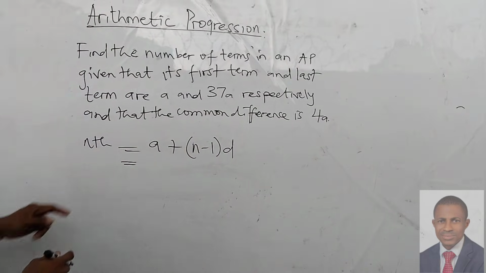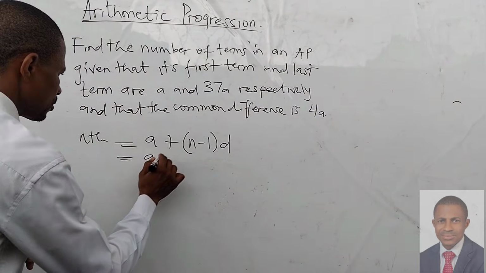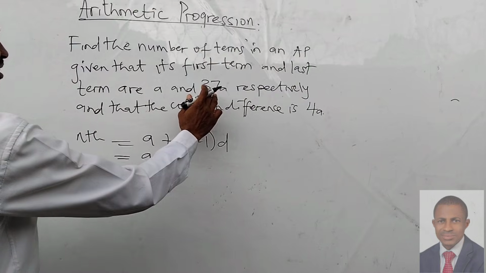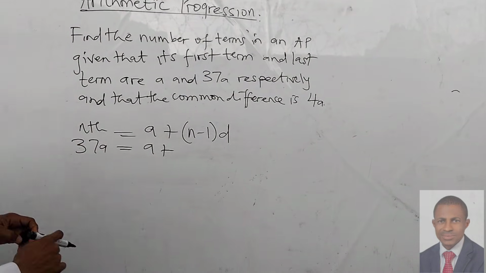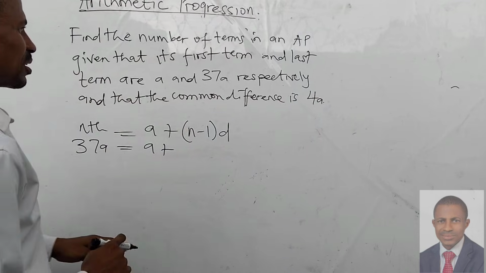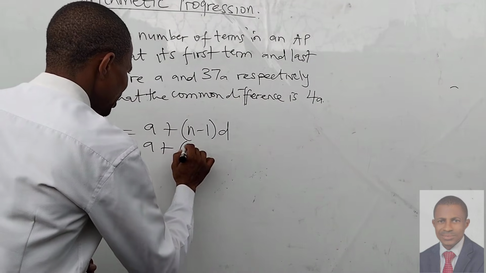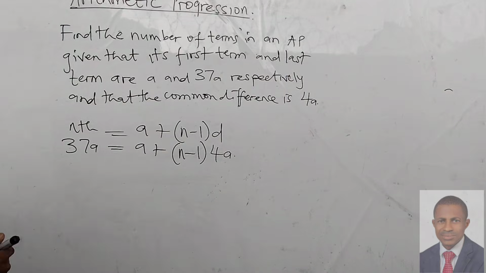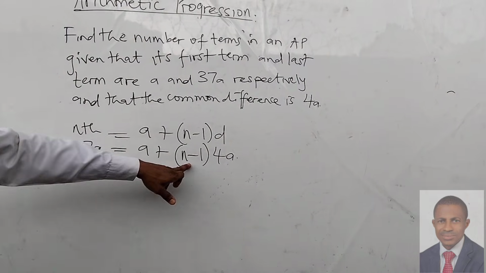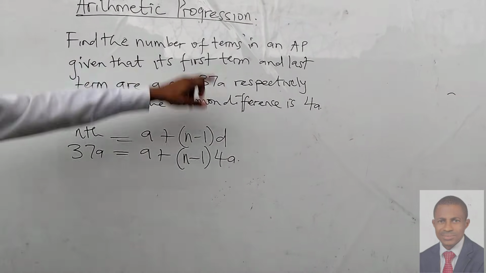Now we said the first term is a, and we are told that the last term is 37a, and that the common difference is 4a. So we have n minus 1 into 4a. We are looking for the number of terms, which is n.